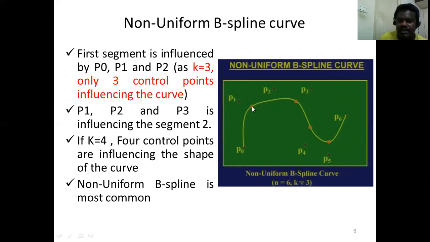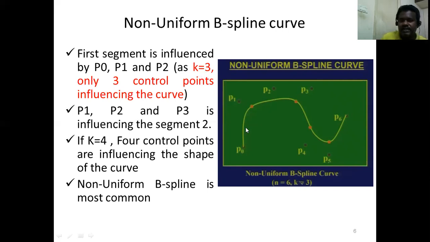For instance, this segment from P0 to this orange dot is influenced by 3 control points, say P0, P1, P2. If I change the location of this P1, this curve alone is going to change. Its shape alone is going to change. This point we can discuss later.